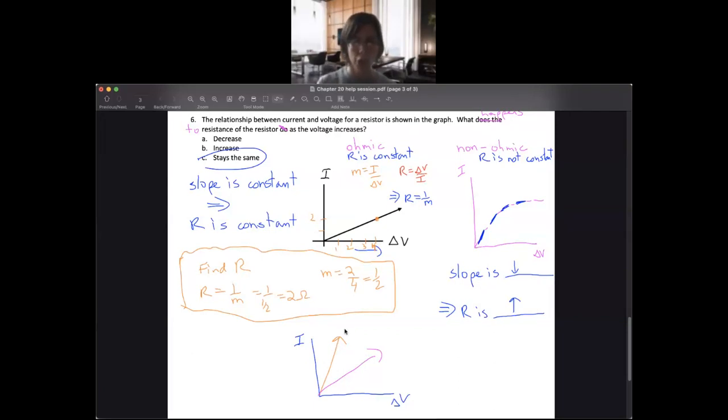And I want to know which resistor has the highest resistance. Would you say R1 or R2? Which one has the highest resistance?